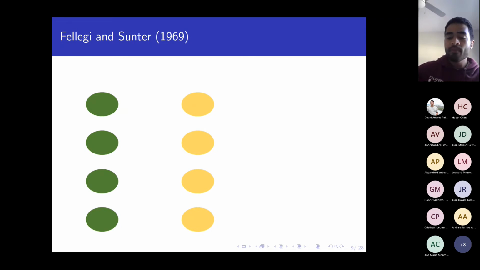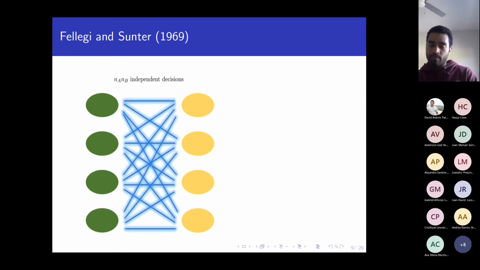It begins by making pairwise comparisons for each pair of records in the two data sets. So that is NA times NB many independent classifications. You have NA times NB many record pairs, and we're going to independently classify them as a match or non-match.